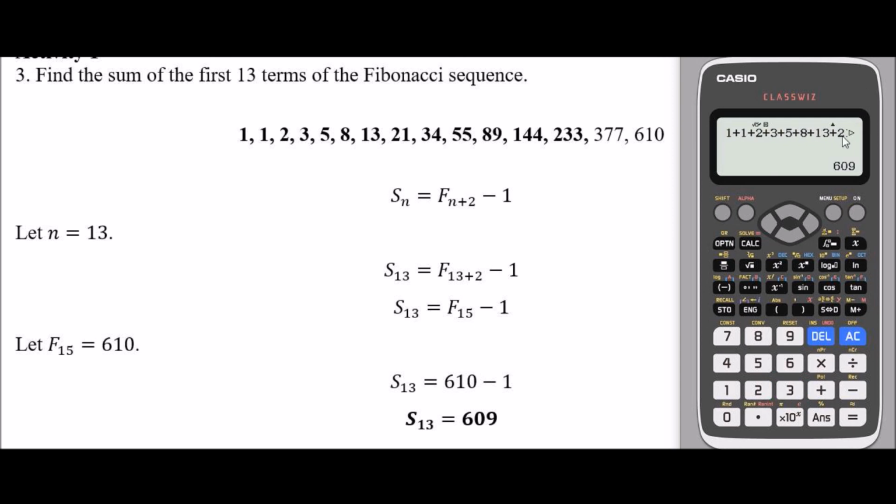So it is also 609. So therefore, our answer is correct.